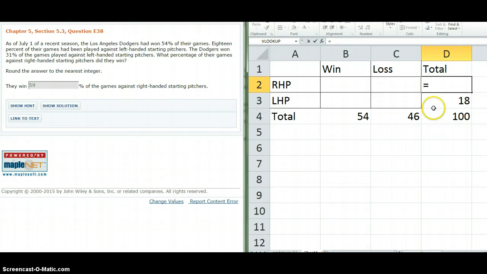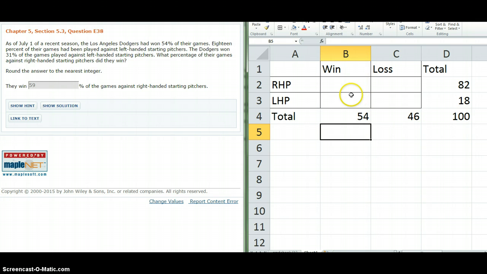So it would be total number of games played minus number of games against left hand would be the number of games against right hand. And actually, while I'm thinking about it, this should have been 54% of whatever their total was. That way, everything's set up now, so if we did change their total number of games, all the percentages would remain the same.